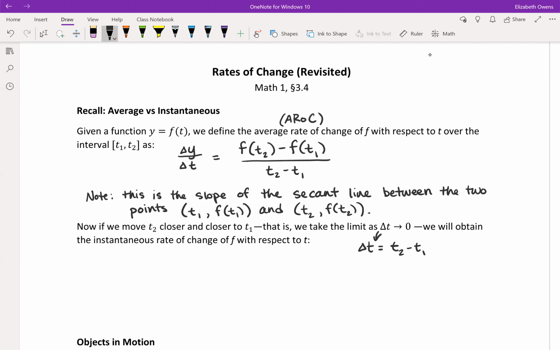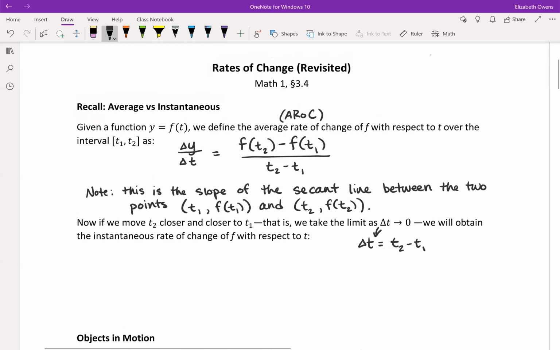And when we do that, we're going to get our instantaneous rate of change of f with respect to t. We could write that as a limit as delta t approaches 0 of delta y over delta t. Okay. And then we'll put in that formula.